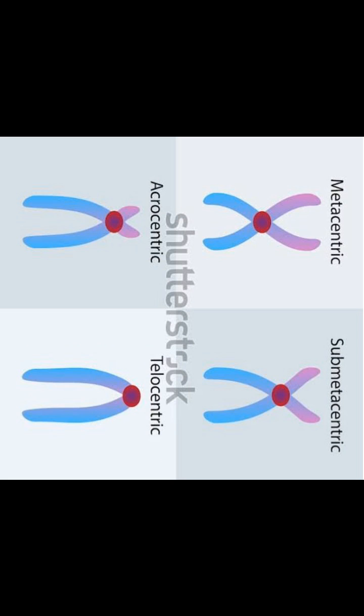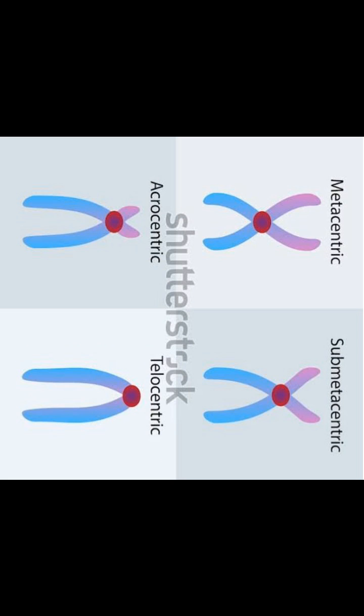acrocentric chromosomes. So in acrocentric chromosomes, what kind of nature can be seen? In a chromosome which has the centromere very close to the end of the chromosome, the upper arms are extremely short and the lower arms are extremely long. Understand?